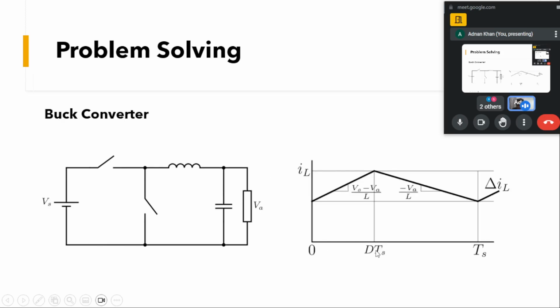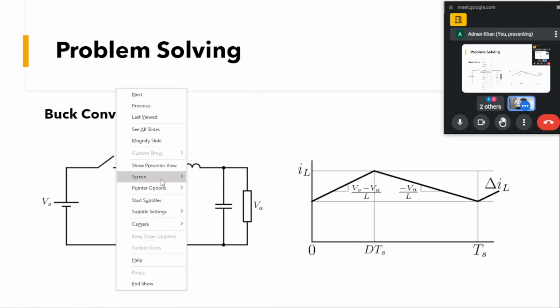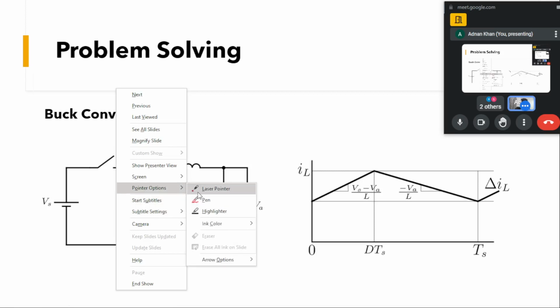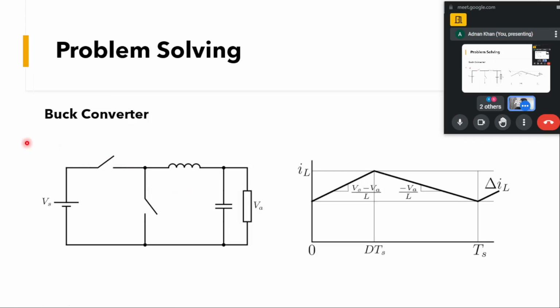Take the 0 to DTs interval, when this switch S1 is on. I'll show you with the pointer. So when this switch is on, the circuit becomes like this.